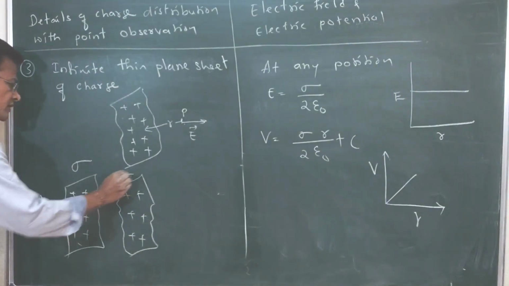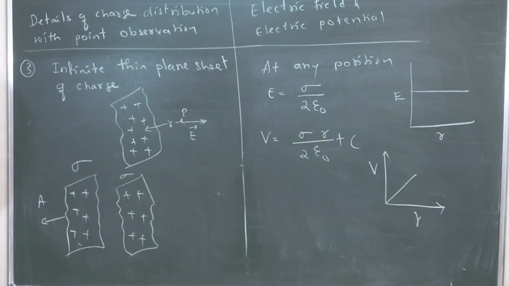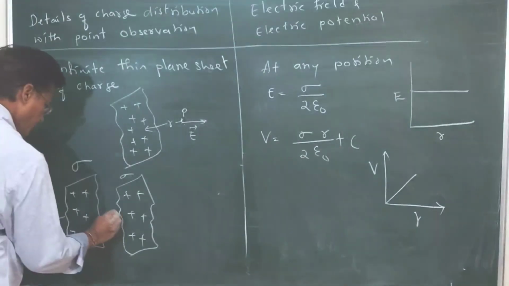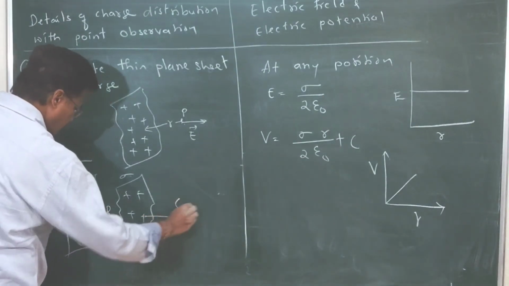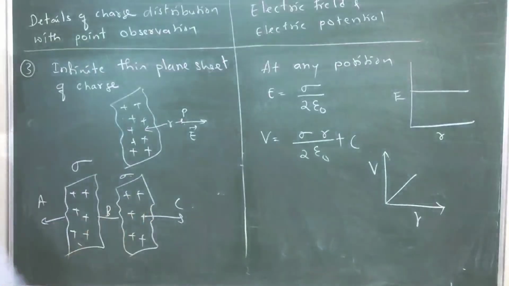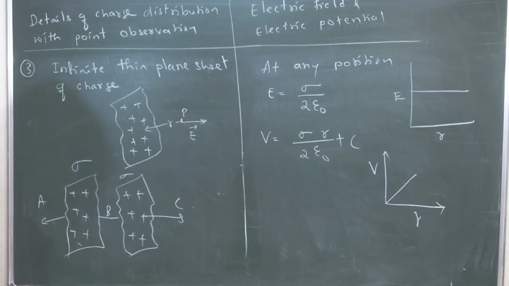This is also sigma. This point is B, this is the C point, this is A point. What will be the electric field at A, B and C? That we can see.